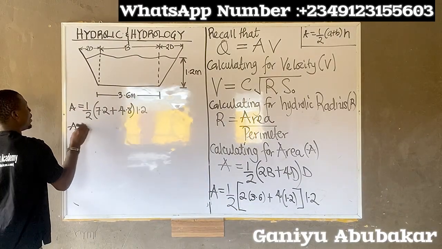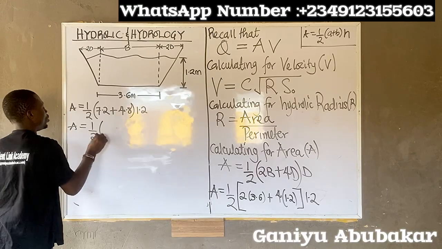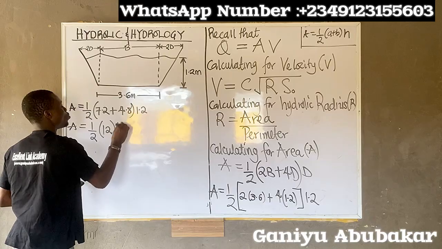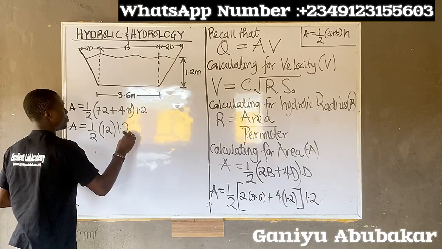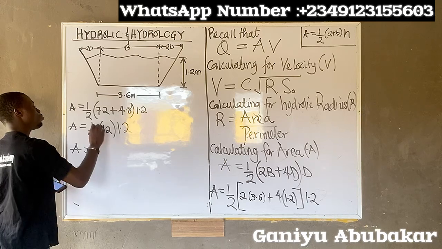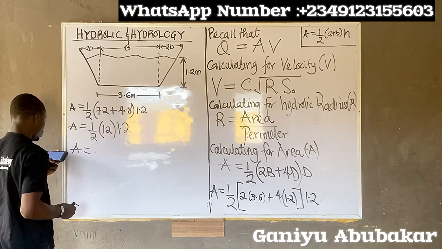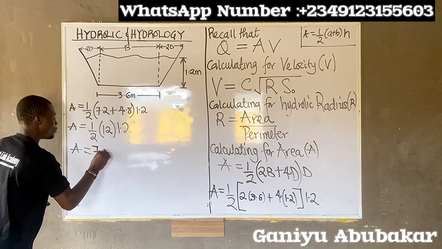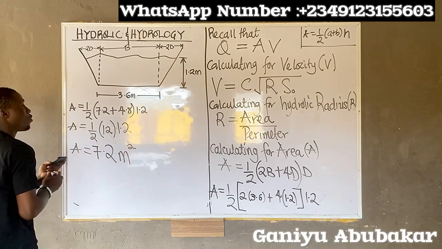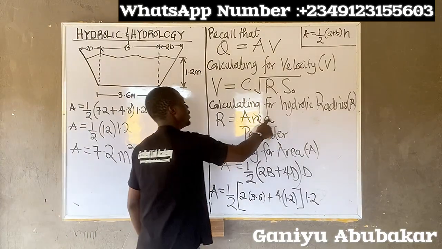This gives you area equal to 1 over 2 into, adding this up, 12 into 1.2. Half of 12 is 6, and 6 times 1.2 gives about 7.2 meter square. Of course, I have gotten the area.